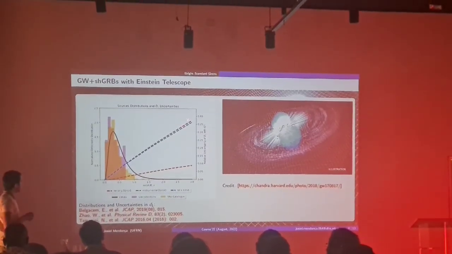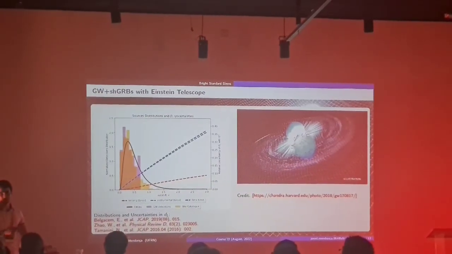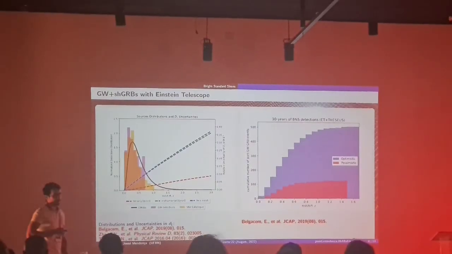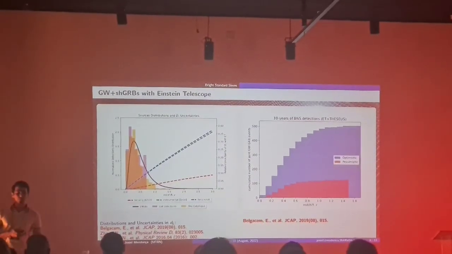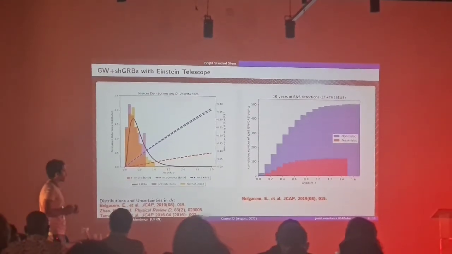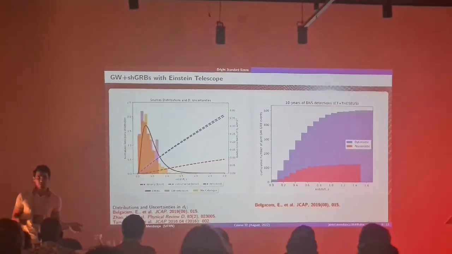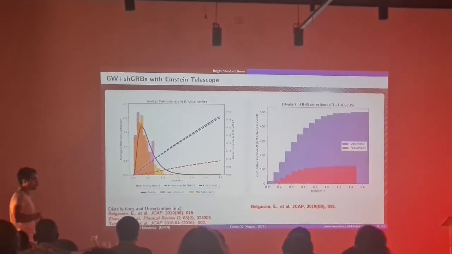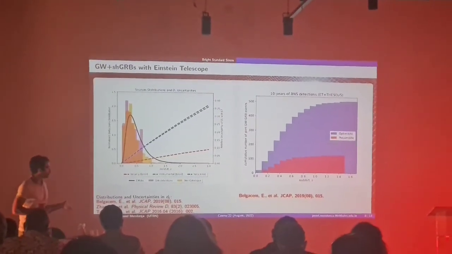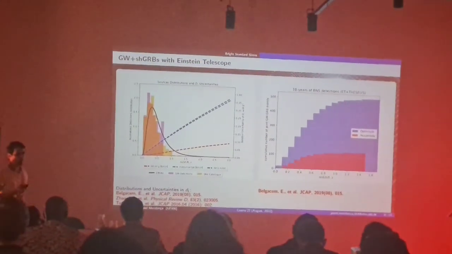This blue one is the combination of all the uncertainties in the measurement of luminosity distance. We expect that with the Einstein Telescope combined with other electromagnetic detectors, we will have a total of 100 detections in 10 years of observation in the pessimistic scenario, and in the optimistic scenario we can achieve around 500 detections up to a redshift of 1.6 in 10 years of observations. This is an estimation.